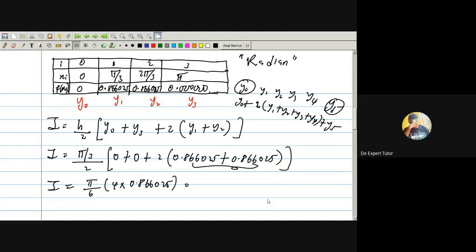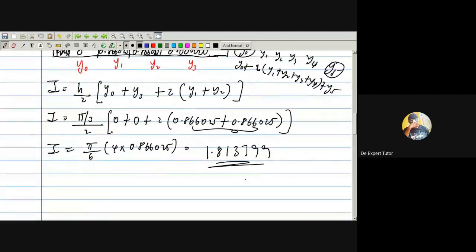You know that pi is 3.142, so you can't have 30. There's something wrong. So my answer is 1.813799. That's the value of that integration.